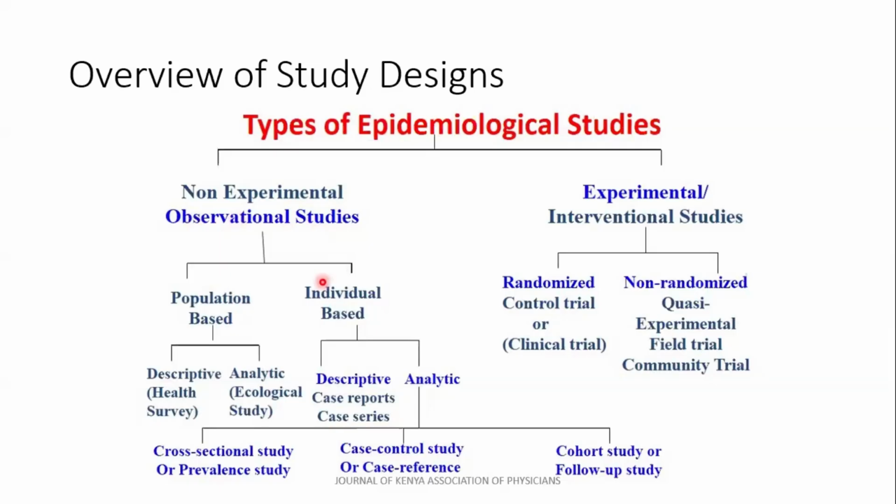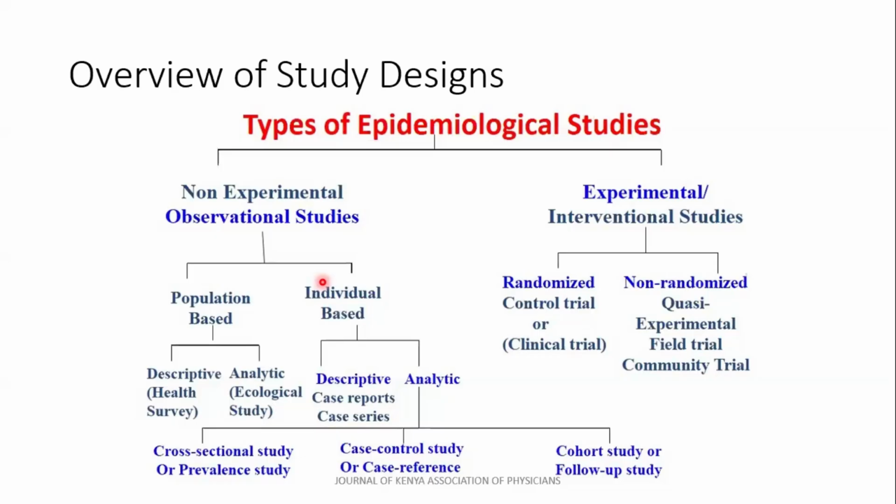We can also have individual-based observational studies. And here now, instead of looking at the population as a whole, we look at specific individuals within that population. So individuals who possess certain characteristics that you're interested in. So they can be descriptive or analytic. And just as you've said, descriptive is where the researcher just looks at the characteristics of that individual or that group of individuals and just describes what they're seeing.